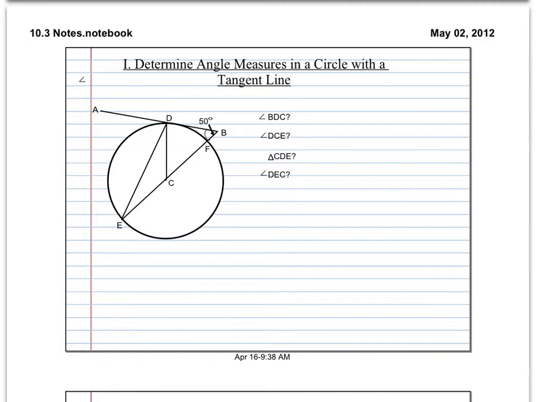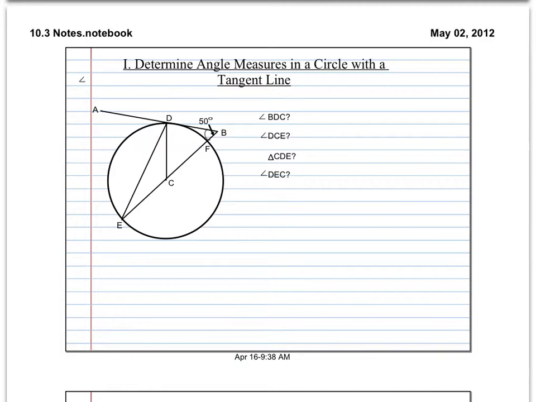Second one now. Now we're looking at DCE. So we know that D is 90, B is 50, so the last thing you have to do first is find the angle on the other side, right here.